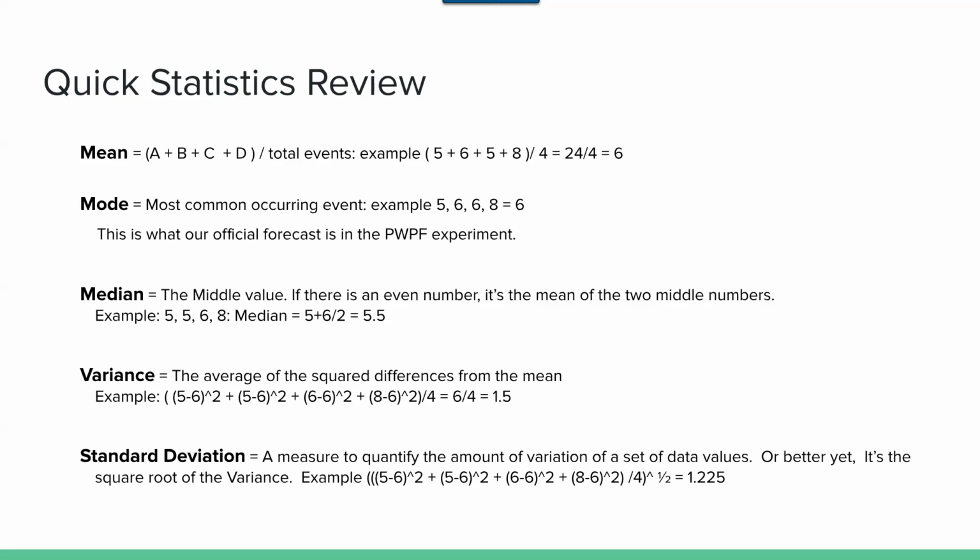So another one here is the median. This is the 50th percentile of the distribution. It's the middle number. If there are two middle numbers, like if it's an even distribution, it would be the average between those two numbers. Variance and standard deviation are sort of related. They're both measures of spread. The variance is the average of the squared differences from the mean, and the standard deviation is basically summing all those up and taking the square root of that.